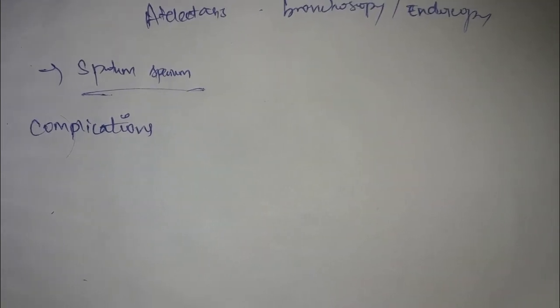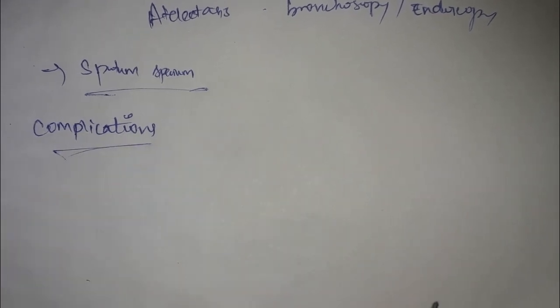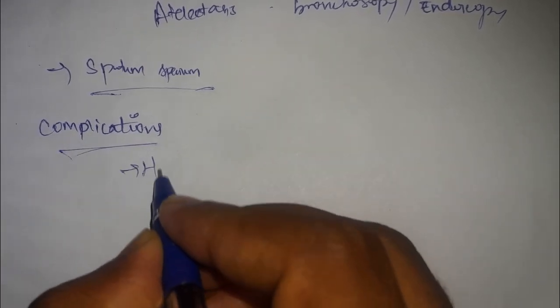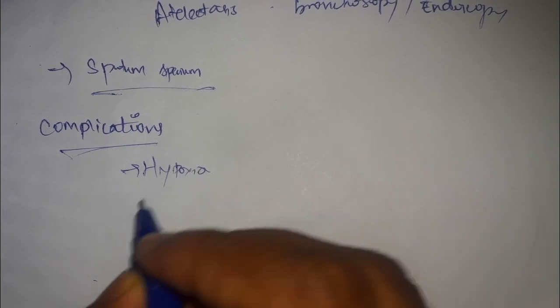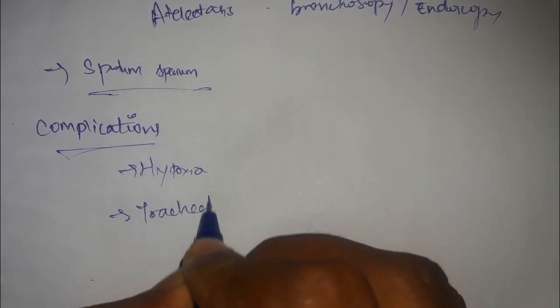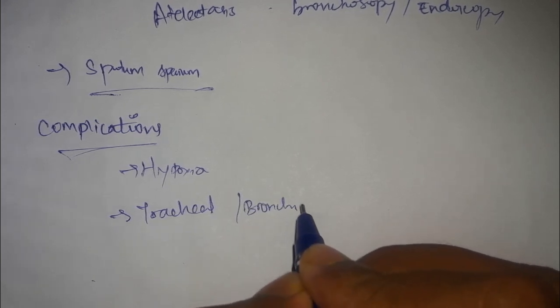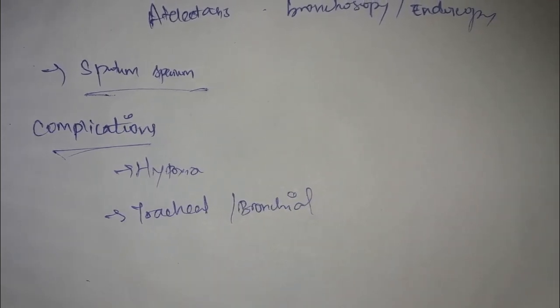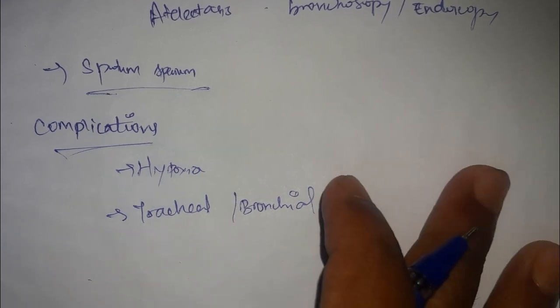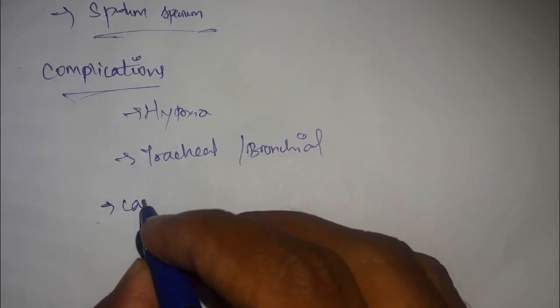Then coming to the complications. During endotracheal suctioning, what complications may there be? Hypoxia, or any trauma, any injury to the tracheal or bronchial mucosa, and mucosa is the first layer. Then cardiac arrest or respiratory arrest.